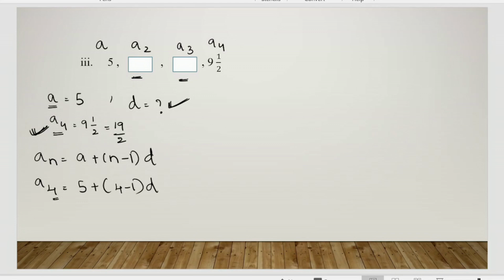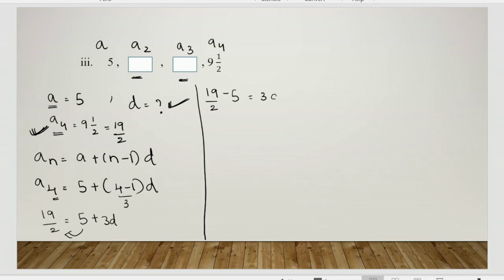So A4, which is 19 by 2, is equal to 5 plus 4 minus 1, which is 3, into D, that is 3D. Now I am sending this 5 to the LHS, which becomes 19 by 2 minus 5 is equal to 3D.